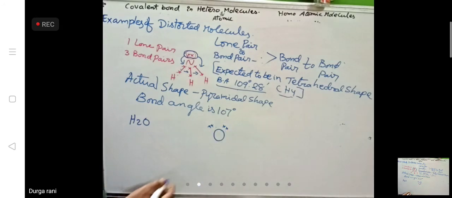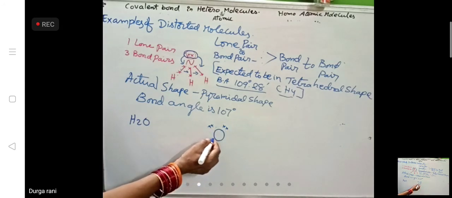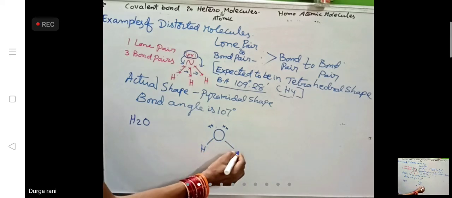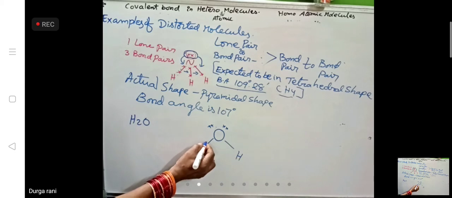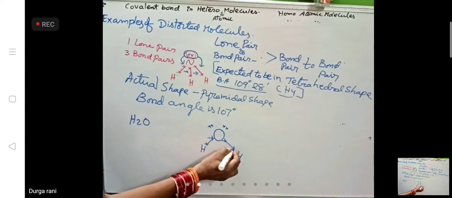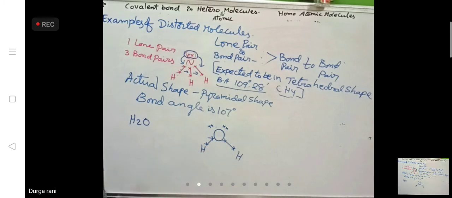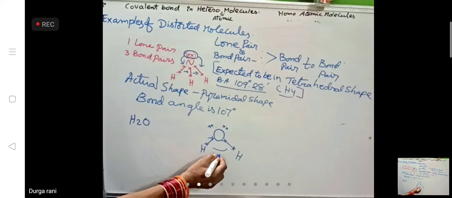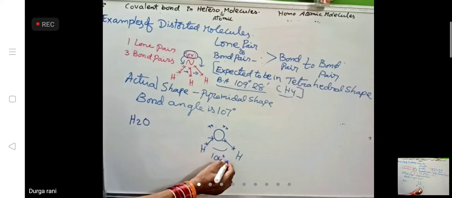Two lone pairs of electrons. How many bond pairs are there? And you tell me, this bond pair is formed due to two electrons. This also two electrons. But here the bond angle is 104 degrees 5 minutes.